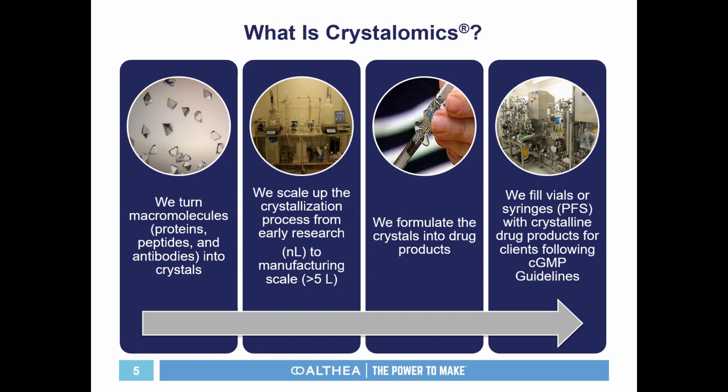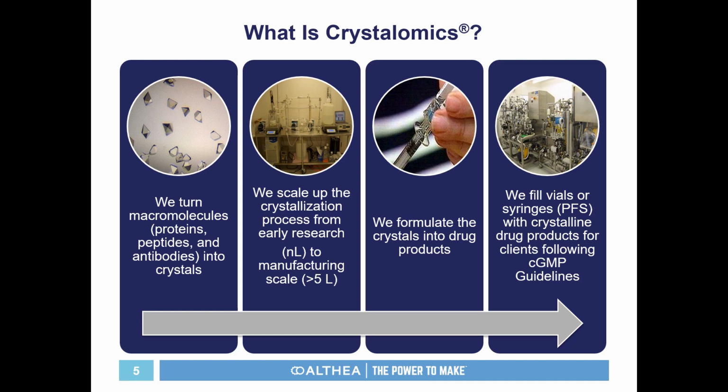So what is crystallomics? It's a portfolio of patents and intellectual property surrounding protein crystallization and formulation that we seek to address these issues. We're able to crystallize proteins, peptides, and antibodies, and then take these crystallization conditions from the very early research stage, nanoliter volumes, where we first discover the conditions, and scale them up to a manufacturing volume greater than 5 liters.